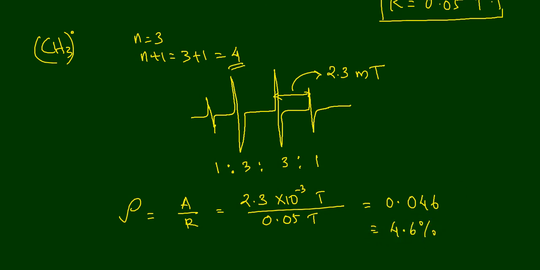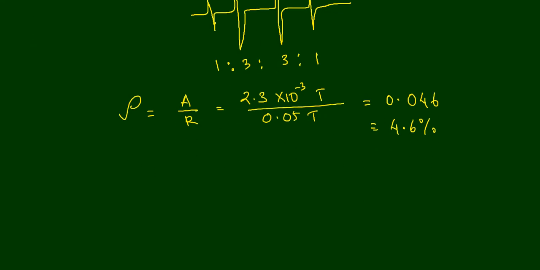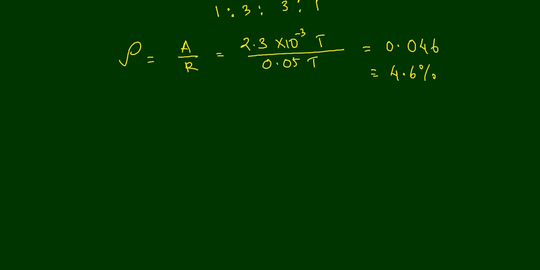and that is equivalent to 4.6%. What does it mean? The electron density around a single hydrogen nucleus in the methyl radical is 4.6%. The methyl radical is like this: carbon is there, three hydrogens are there, and this is planar, and there is a single electron also, and this single electron is spread over all the atoms.